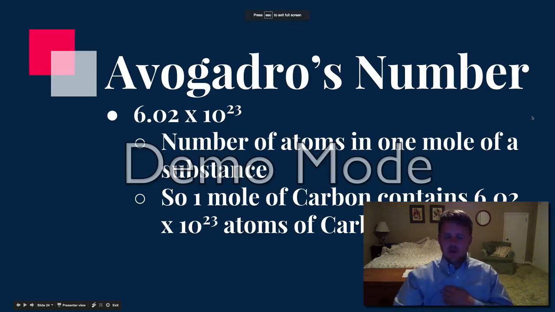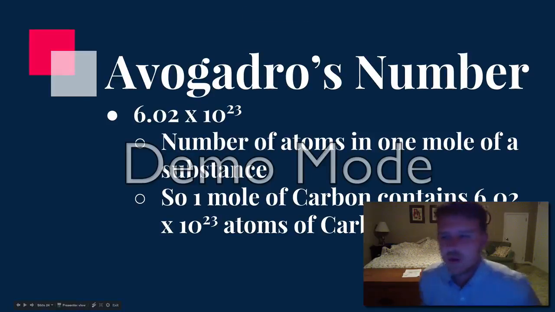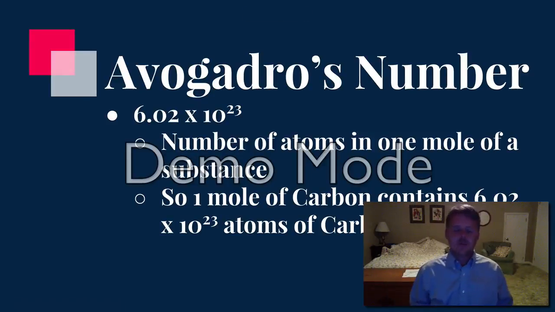Okay. So now we're going to get into another term that you need to know. And this is called Avogadro's number. You know what? This would be neat to explain who this Avogadro person was.